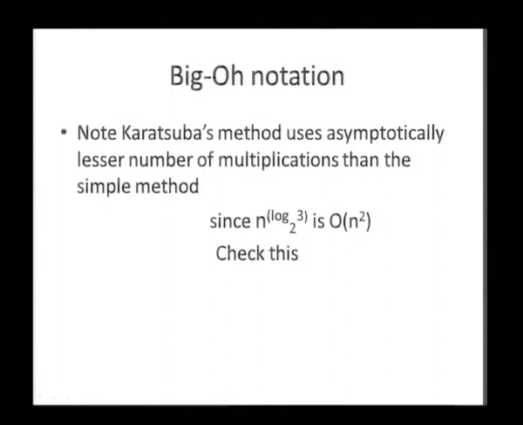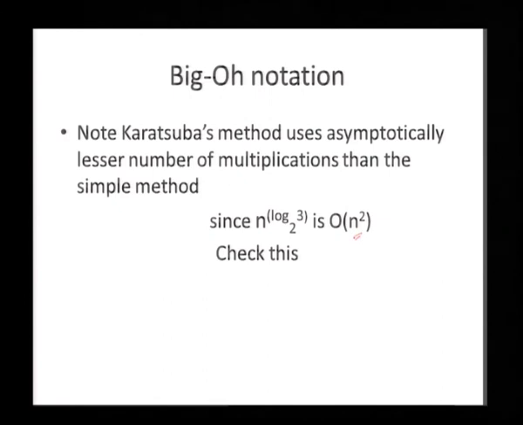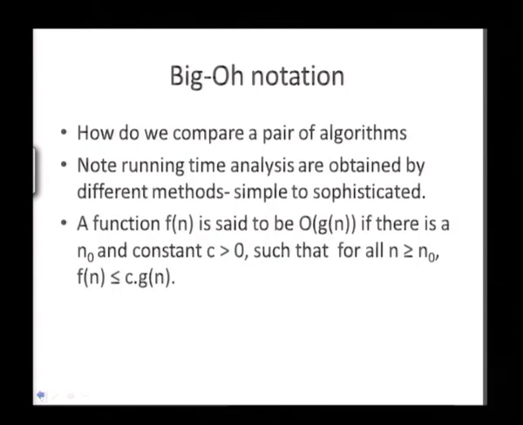We know that Karatsuba's method uses n to the power of log 3 base 2 multiplications, and this is smaller than n square. How does one capture this? We capture this using the big O notation, which will be the focus of the next lecture. Thank you.